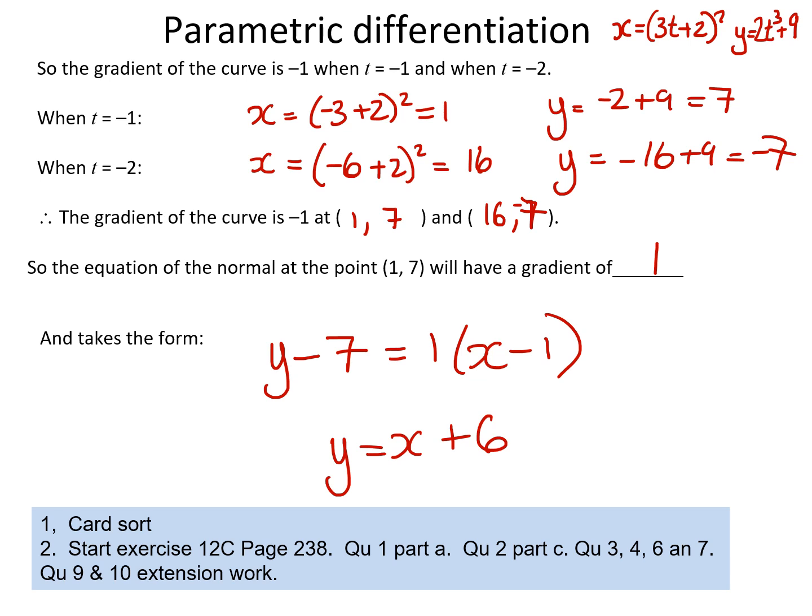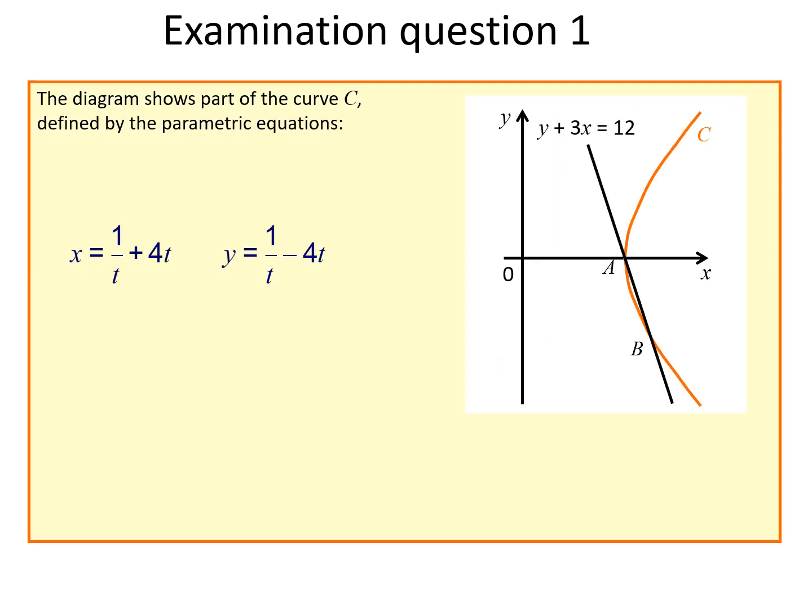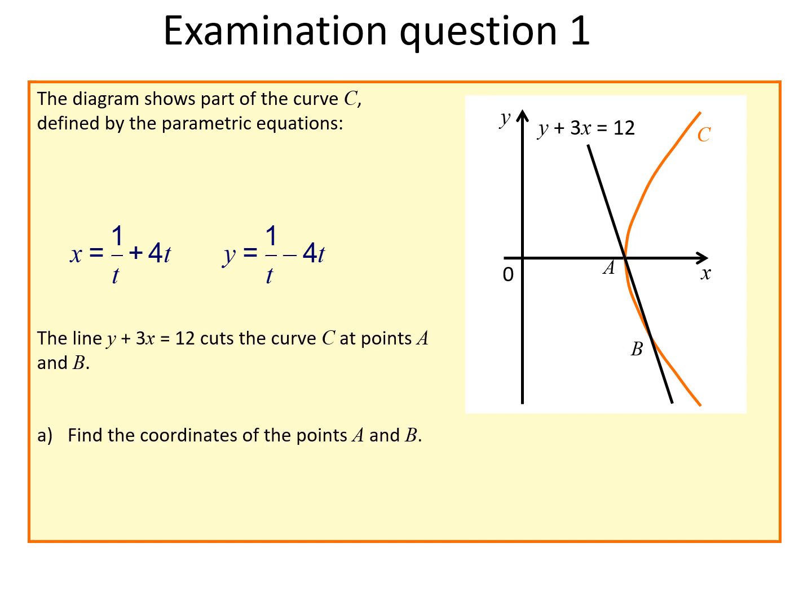Let's have a look. So here's an exam question. You can either pause it and have a go yourself, or if you're not confident, maybe you need to go through it.